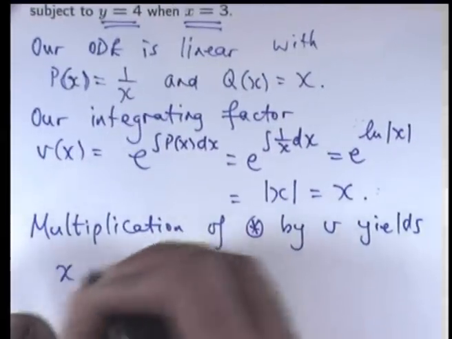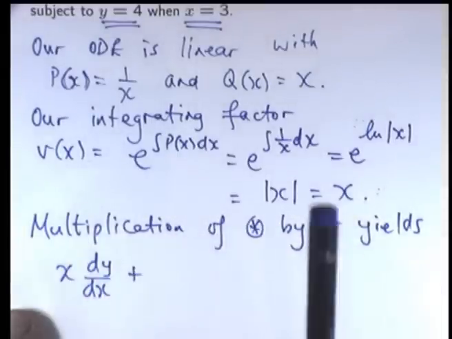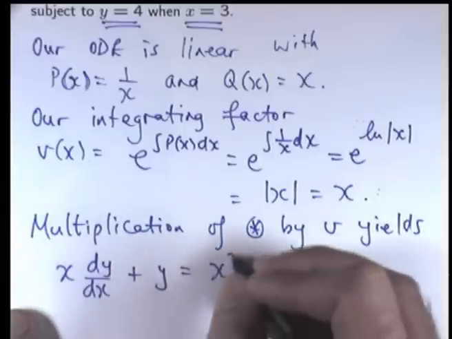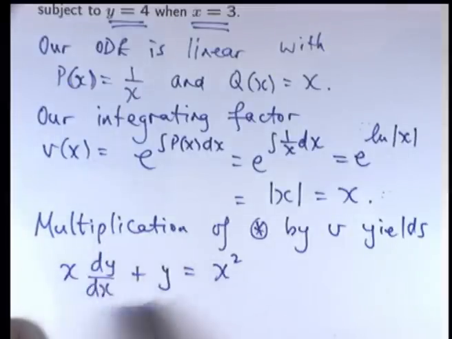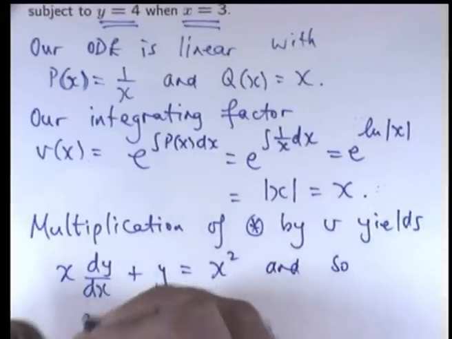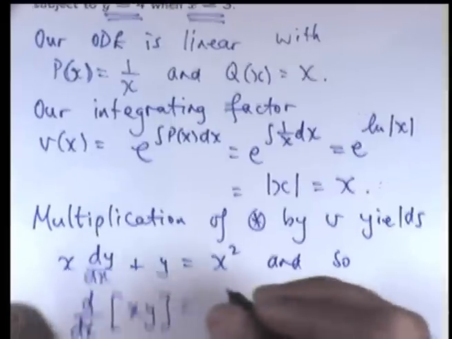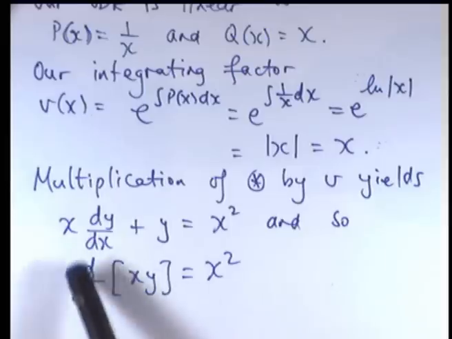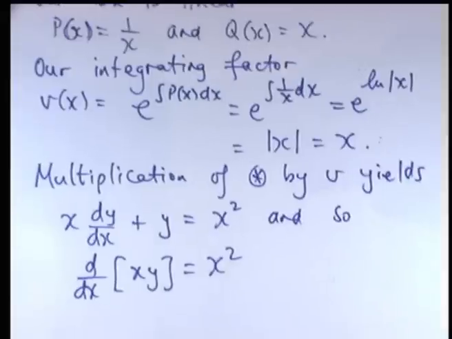We're going to have x times dy dx plus y equals x squared. Now, if we look closely, this is just the derivative of the product x times y. Thus, what we can do now is integrate both sides and rearrange to produce the solution y.